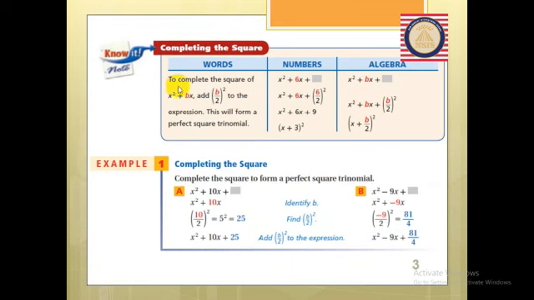Here, to complete the square, if you have b, what am I going to do with the b? I'm going to get its half. Its half I can make by dividing by 2 or times half, okay?